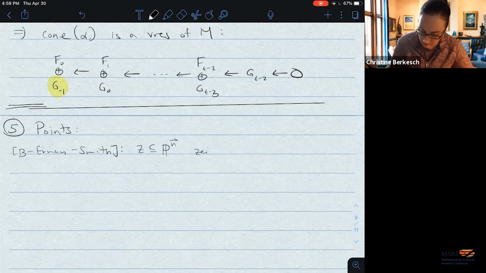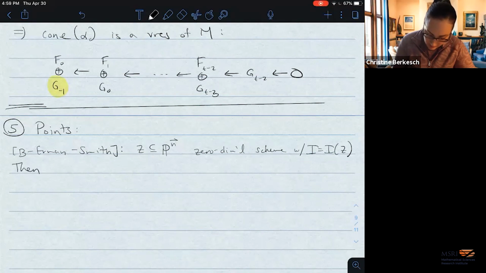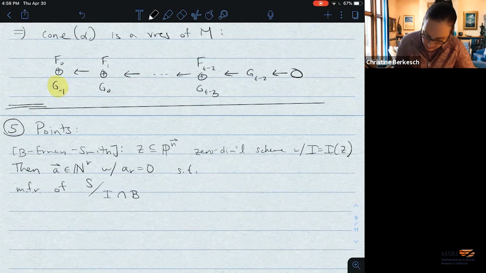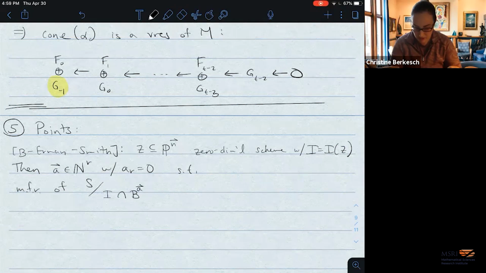Right, so if I have some 0-dimensional subscheme, and I'll set I to be I of Z, then there's actually some A in N to the R with the last component, say 0, such that if I do the minimal free resolution of S over I intersect B to the A, where I'm taking B, looking at its prime decomposition into the components corresponding to projective spaces, and taking the A-ith power on the ith component here.